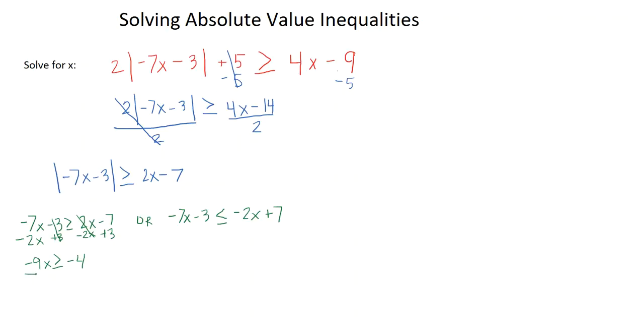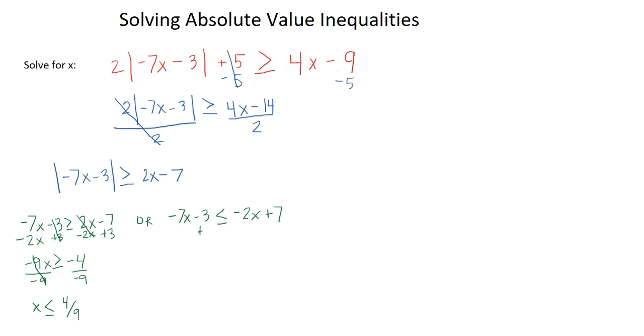And then we will divide by negative 9. And anytime we multiply or divide an inequality by a negative number, we need to switch the sign again. So since we divided by negative 9, this sign is going to change to a less than. So now x is less than or equal to negative over negative, so positive 4/9.